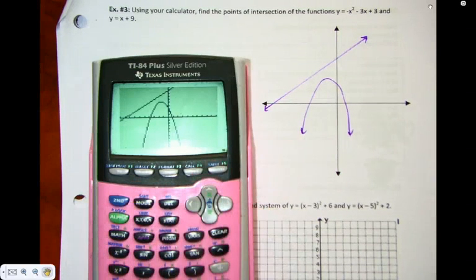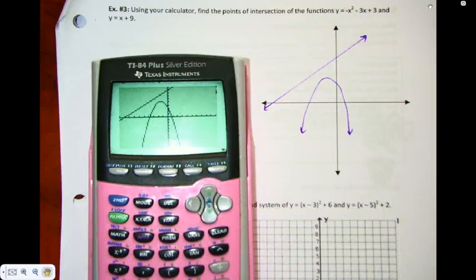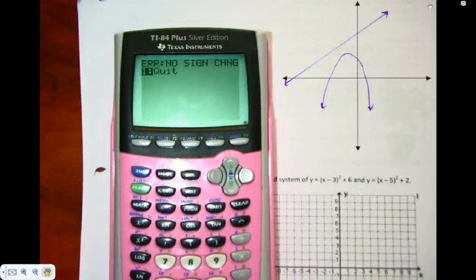Same graph. Okay, so second calc, number 5, enter, enter. Nothing happened. Oh my God, I got an error. What does that mean?